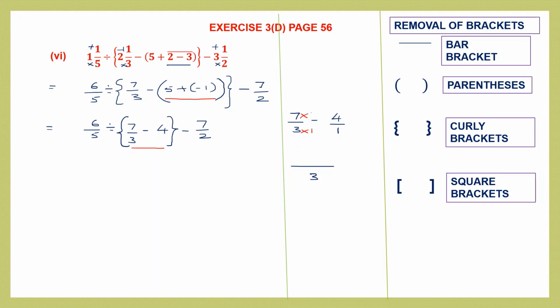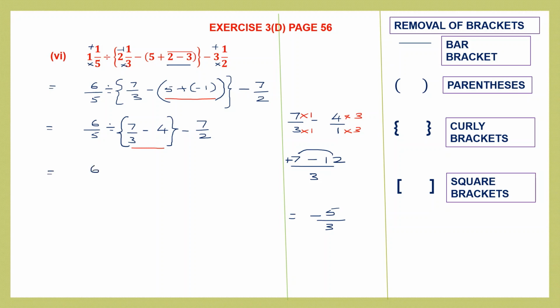So 7 into 1 is 7. So this will be 7 minus 1 into 3 is 3. So 4 into 3 will be 12. So this is 12. So here this is a plus sign and this is a minus sign before 12. So when one sign is plus, one is minus, we put the sign of the bigger number and subtract. 12 minus 7 is 5 and the denominator is 3. So this is minus 5 by 3.